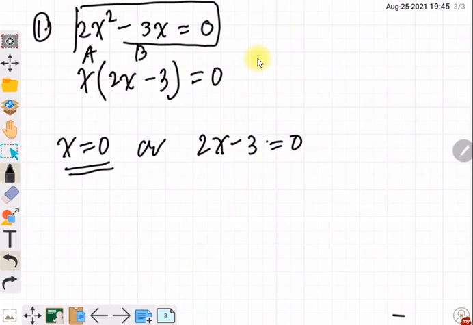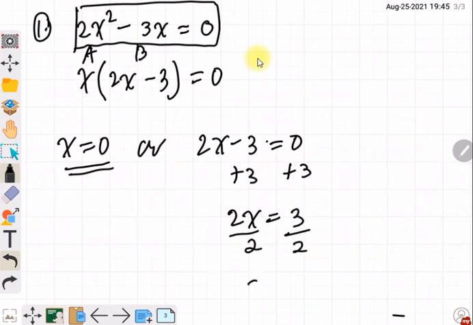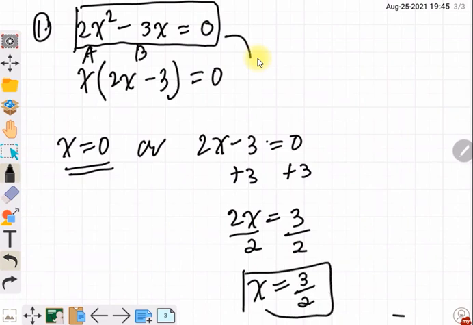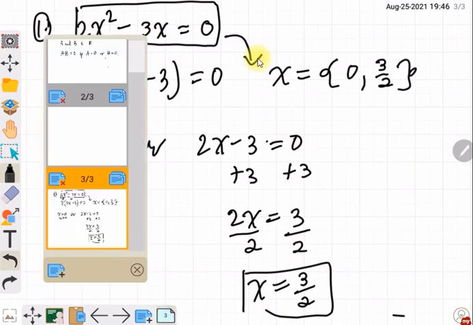Here we are going to solve for the next value of x. So this becomes 2x equals 3. Okay, so the solution of this equation is 0 and 3 over 2. So that's it.